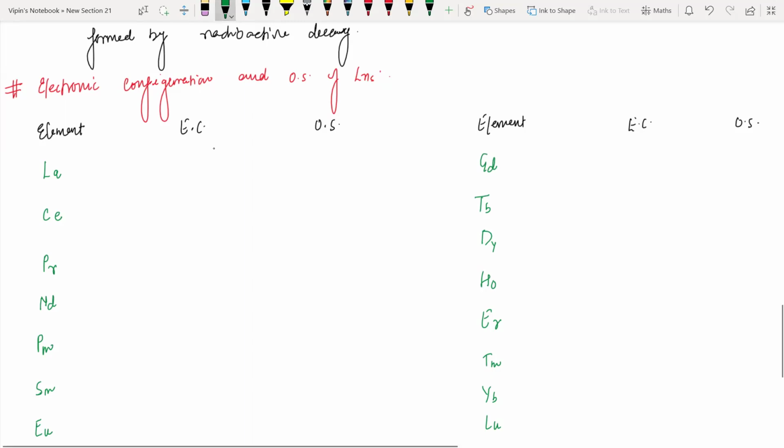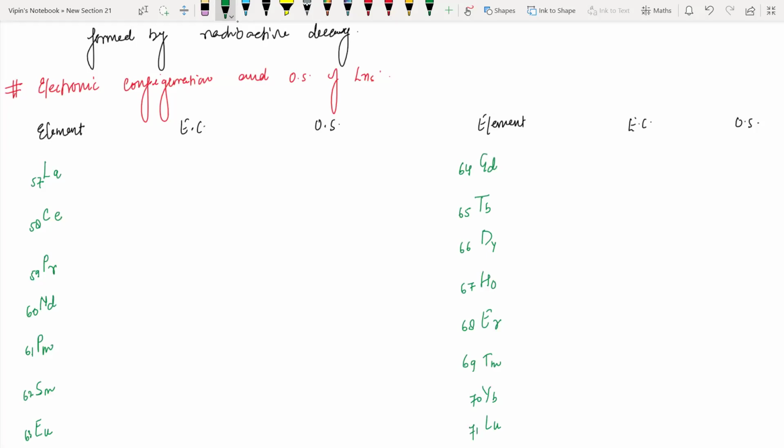Now, what are the atomic numbers? 57, 58, 59, 60, 61, 62, 63, 64, 65, 66, 67, 68, 69, 70, and 71.